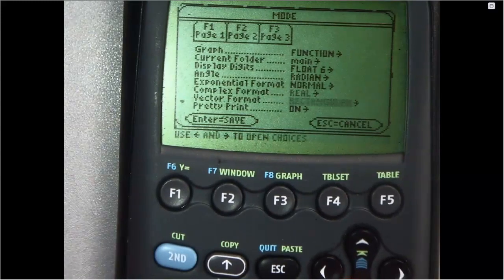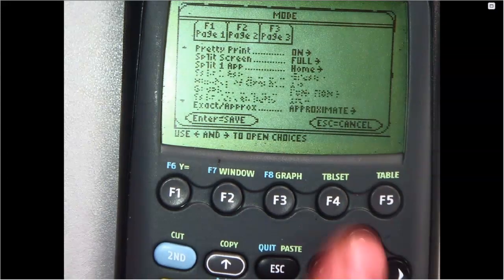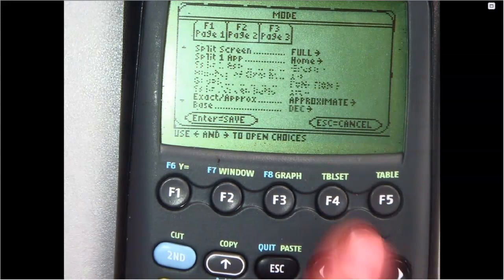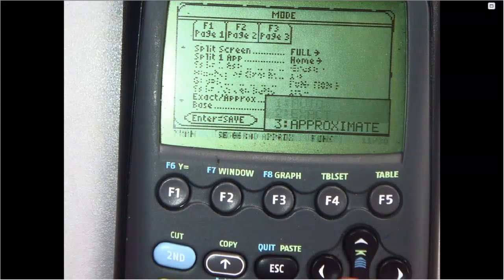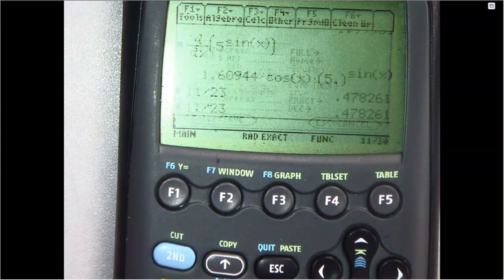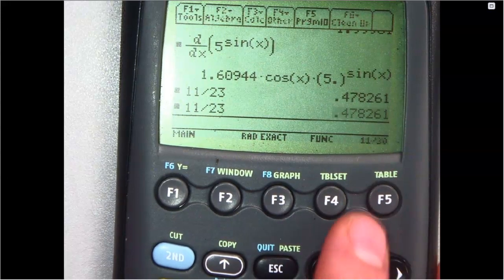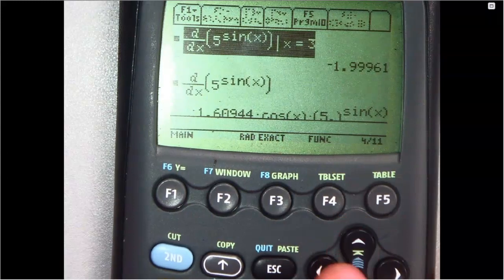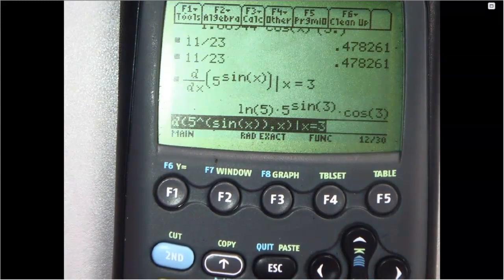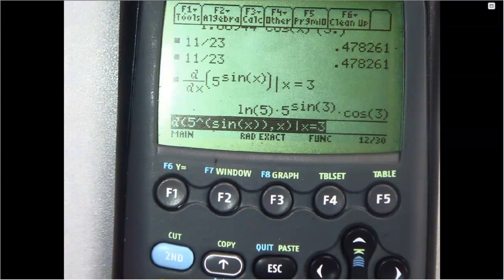Alright. So I'm going to show, if you are in exact, when you did that problem, you got 5 to the sine of x times cosine times ln of whatever.